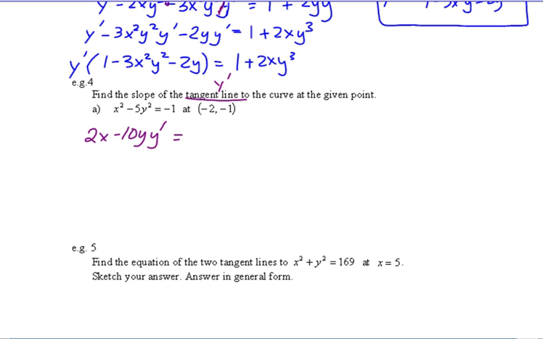What's the derivative of a constant? 0. This one's going to be really easy to isolate for y prime. What's my next step? Sure, add the 10y prime to the other side, because we want everything with y prime on one side by itself.